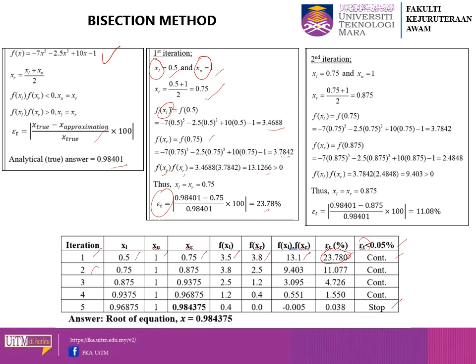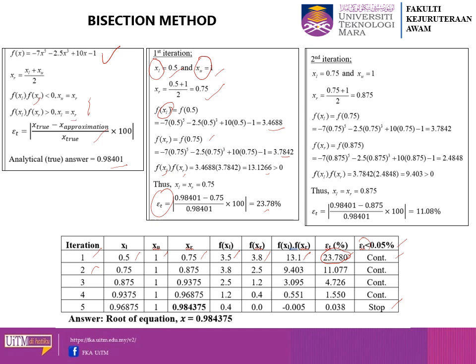For the second iteration, we need to determine a new value of XL and XU before we can calculate the XR. So we need to see the limitation here of the function XL and XR. The first fxl multiplied by fxr is 13.1, which is more than 0.